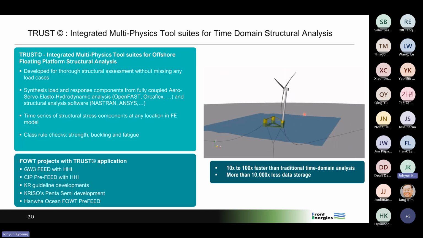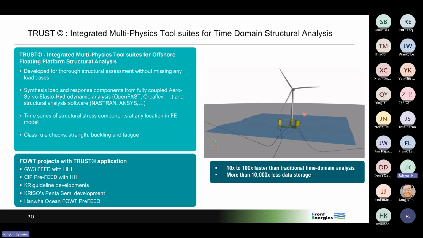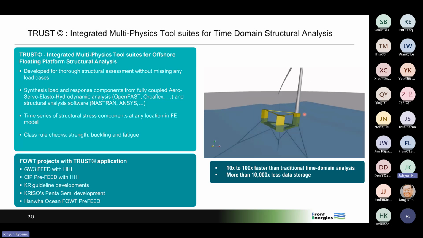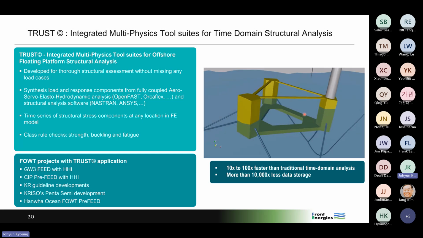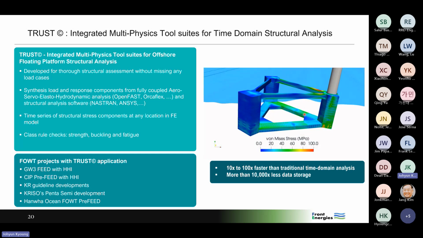The main methodology is to synthesize the load components and corresponding response components from fully coupled aero-servo-hydrodynamic analysis tools like OpenFAST. And we can use structural analysis software like Nastran, ANSYS, and other conventional commercial software.